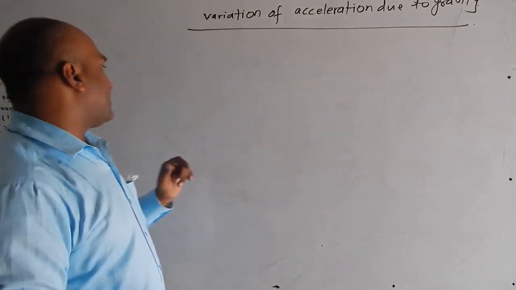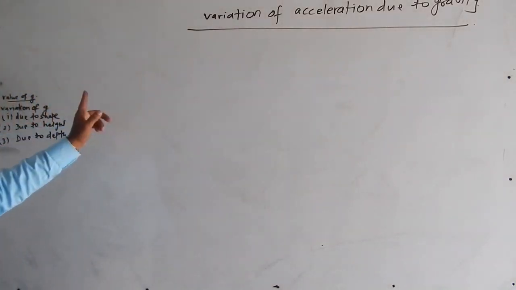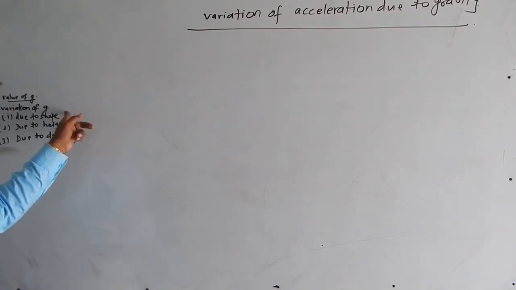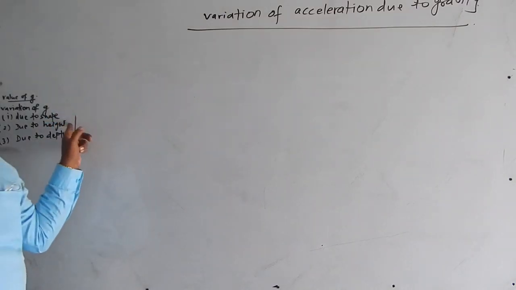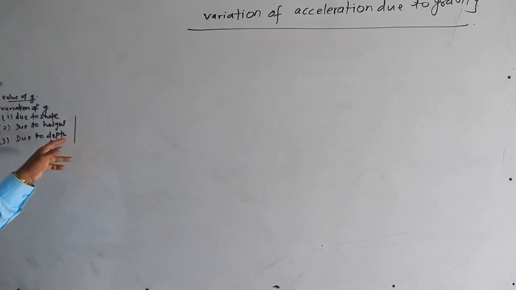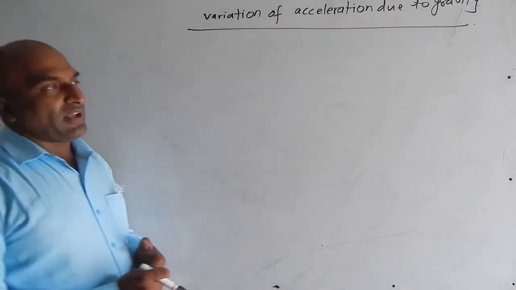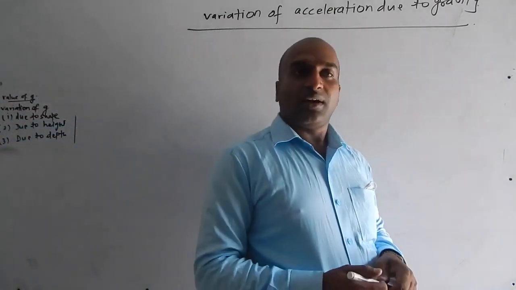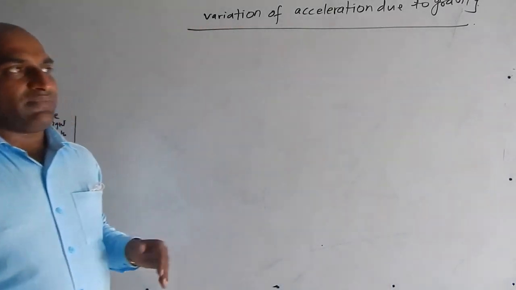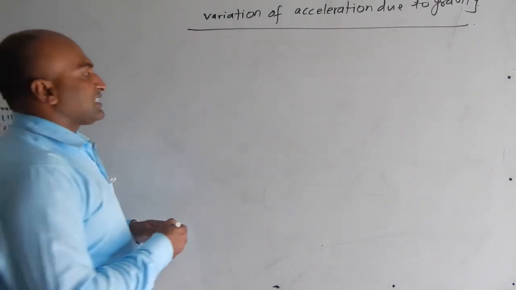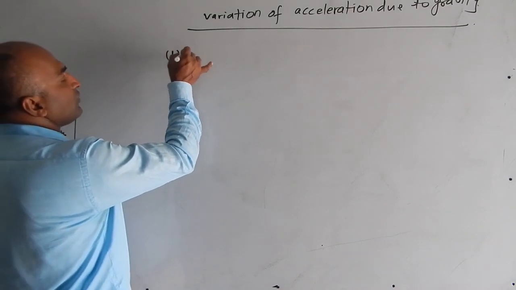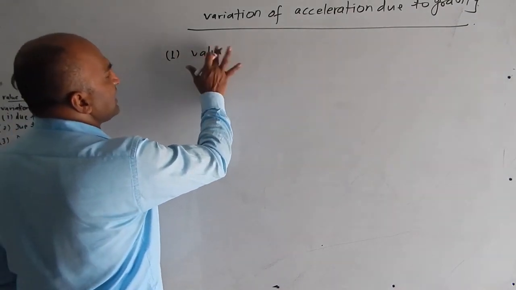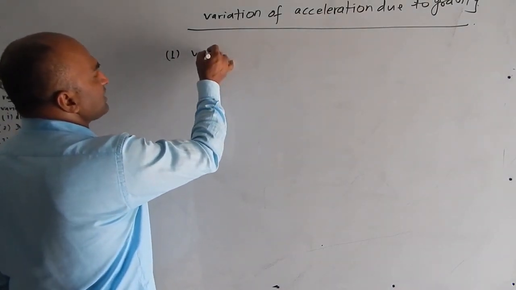There are a few factors of variation: the shape of the earth, the height above the earth, and the depth below the earth. There is one more factor, the rotation of the earth, which is not included in class 10. Here we study the variation of acceleration due to gravity.